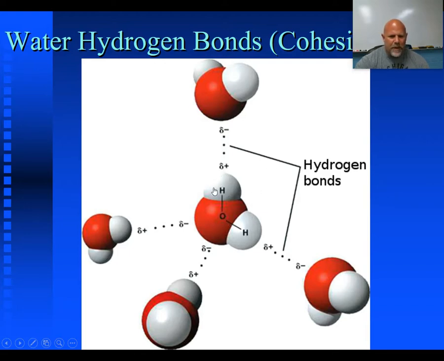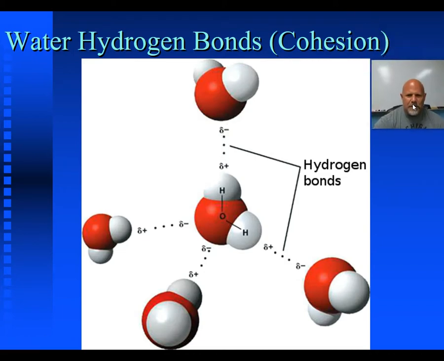We have a slightly positively charged hydrogen attracted to a slightly negatively charged oxygen. We call that cohesion, which is written up here, when we have two molecules that are attracted to each other. And because hydrogen is usually involved in this situation, we call that hydrogen bonding. It's a hydrogen bond if hydrogen is involved.